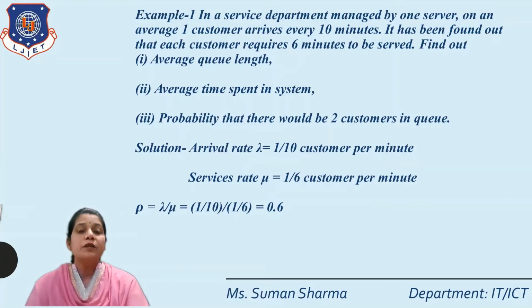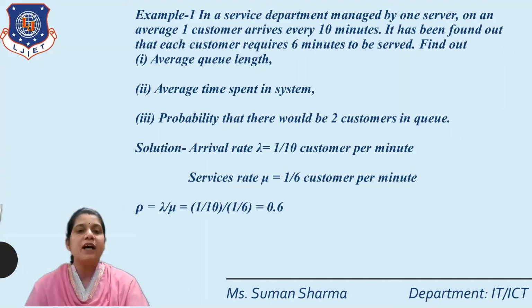In arrival rate and service rate, both the units are the same, minutes. So we use them as they are. If you convert into hours, both are correct, but both the units must be the same.